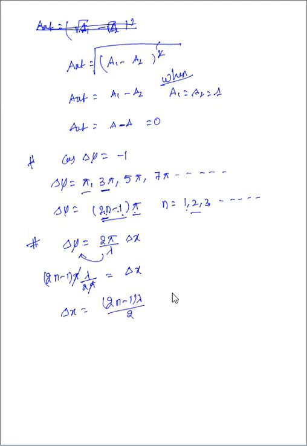See, if you want, we can observe these values. We substitute n value 1 now. So delta x equal to 2n minus 1, that's 2 minus 1 is 1, that's lambda by 2. Next if you substitute 2, 2 into 2 is 4, 4 minus 1 is 3, 3 lambda by 2. Then 3 into 2 is 6, 6 minus 1 is 5, 5 lambda by 2, similarly 7 lambda by 2 and so on.